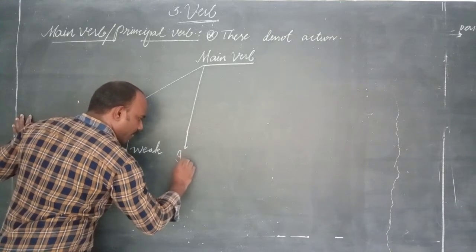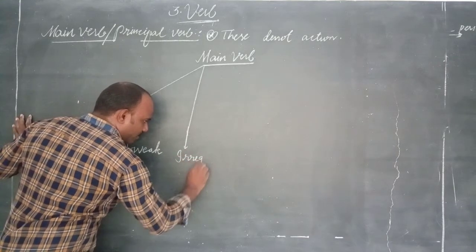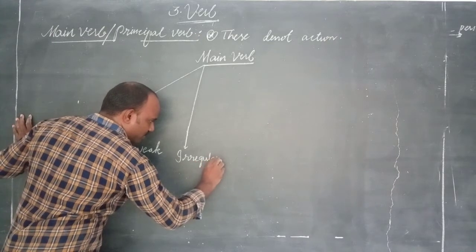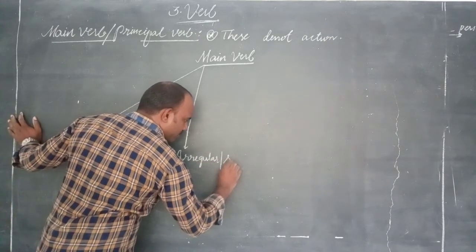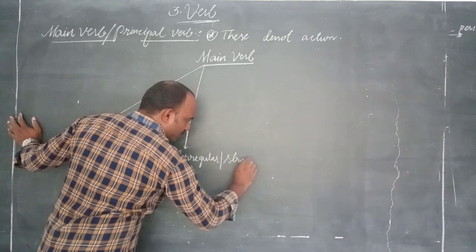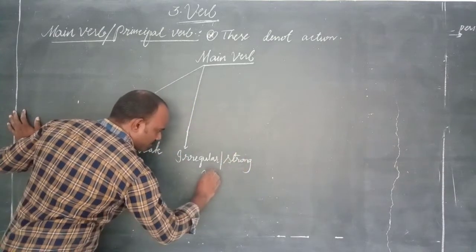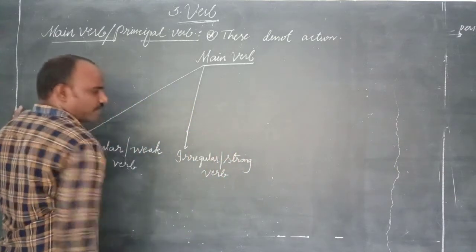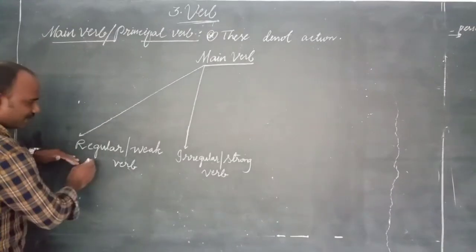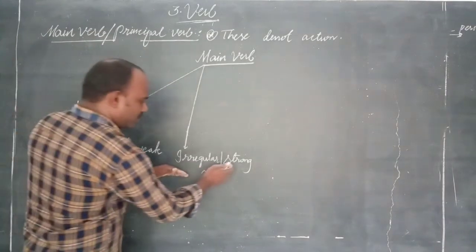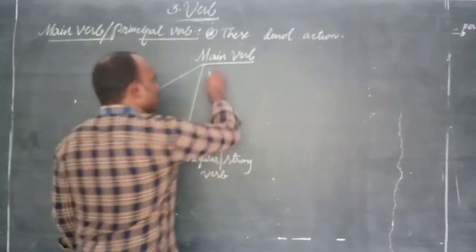Second one, irregular or strong verb. First category, regular or weak verbs. Second one, irregular and strong verbs.